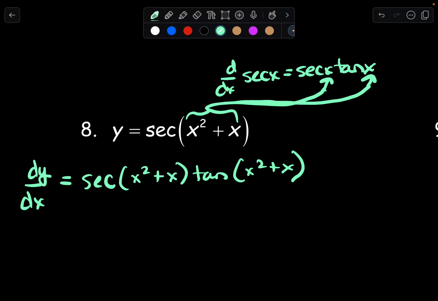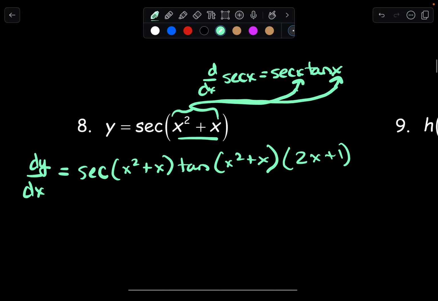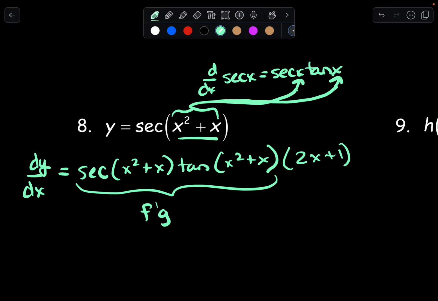And since it's the chain rule, because we have a composition, we will multiply with the derivative of the inner function, which is 2x plus 1. So that's the derivative. And the chain rule again, we end up with f prime of g times g prime. Same pattern every single time for chain rule.